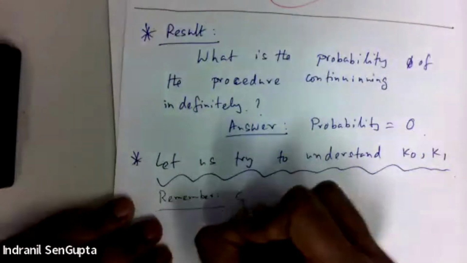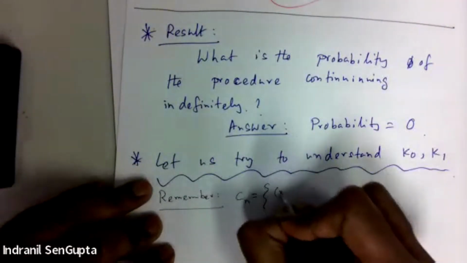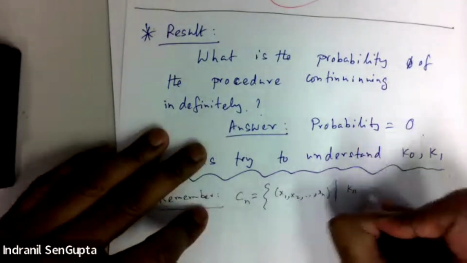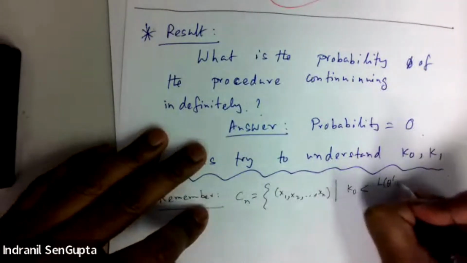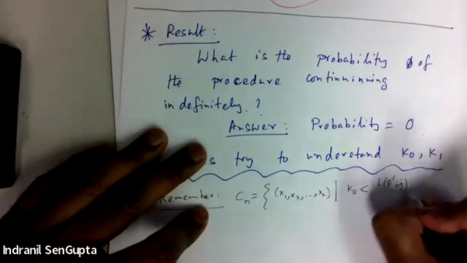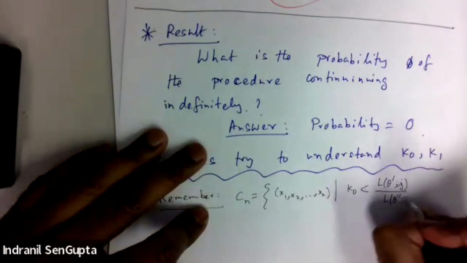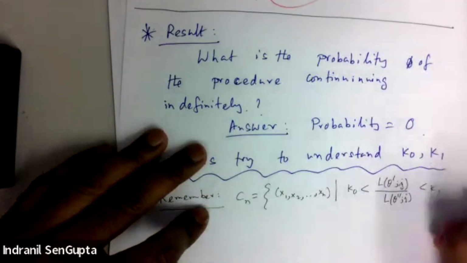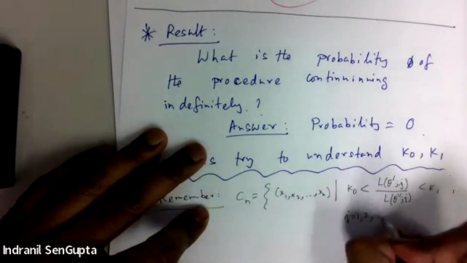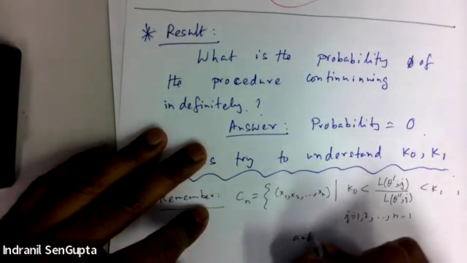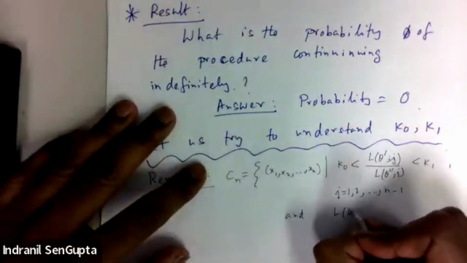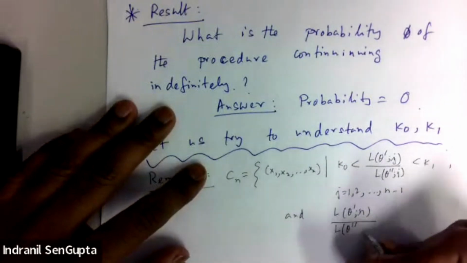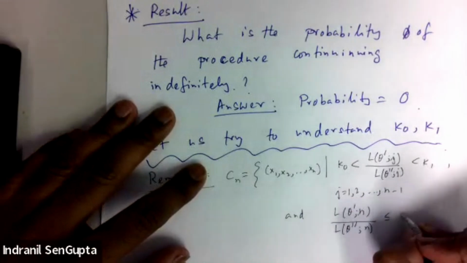So remember that Cn is given by the x1, x2, xn, such that k0 less than L of theta prime j over L of theta double prime j less than k1, and we have j from 1 to n minus 1, and L of theta prime n over L of theta double prime n is less than k0.